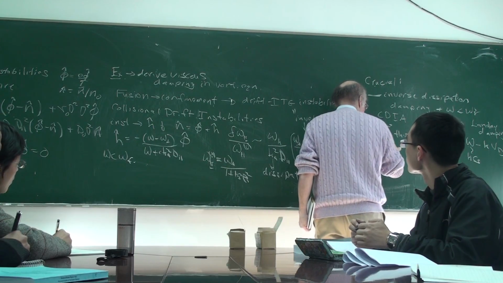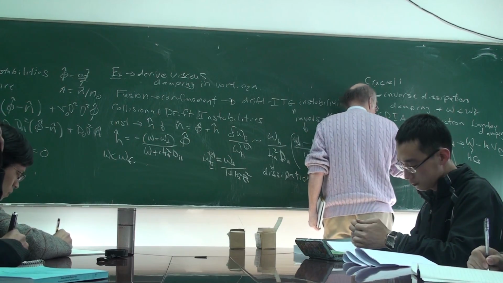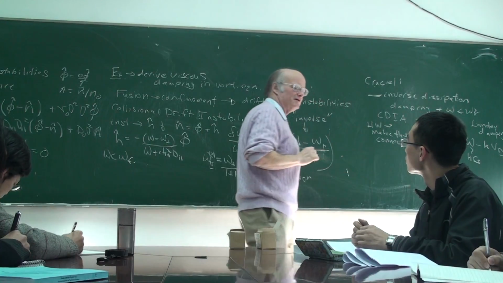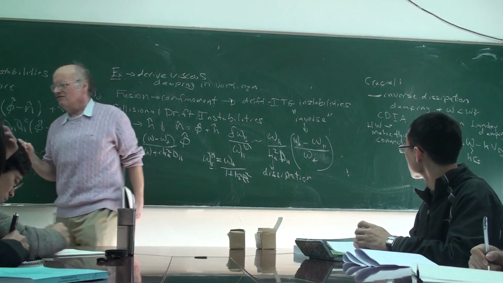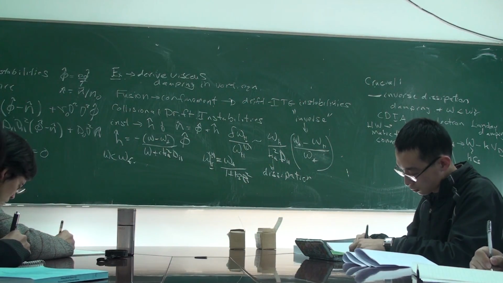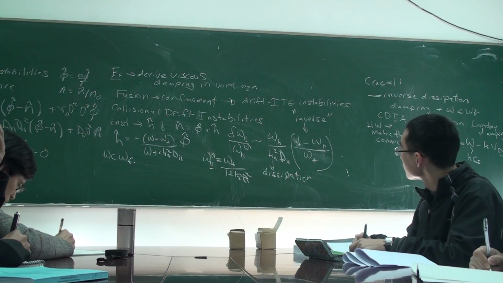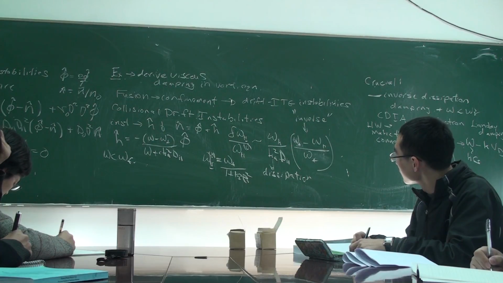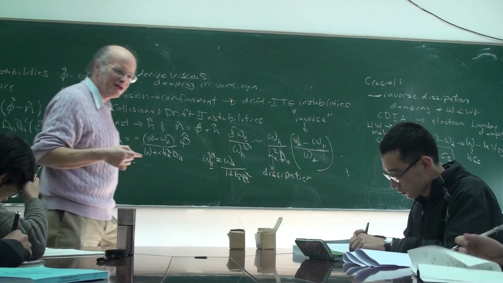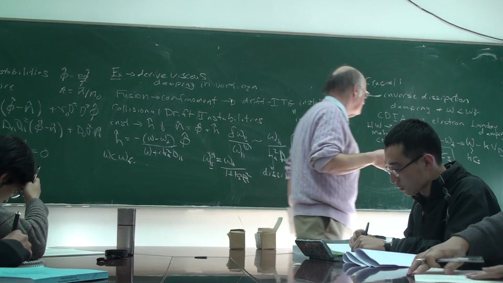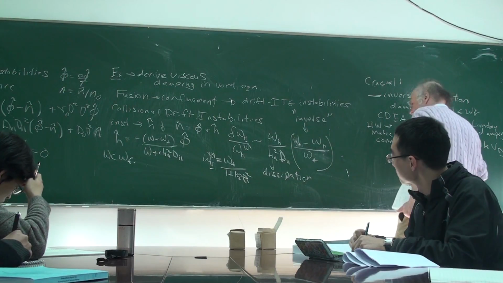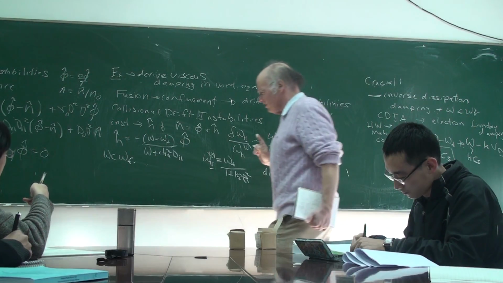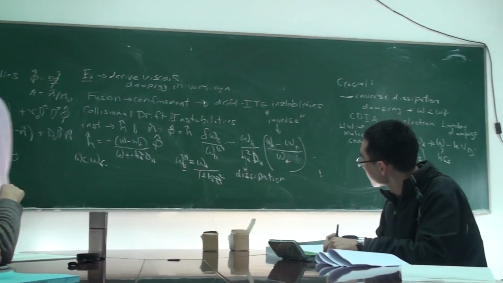I think it's a good one to try. You all study the current-driven ion acoustic instability, right? That's a classic one-dimensional plasma instability that everybody learns in Plasma 101. Anyway, we can discuss that a little bit in kinetics.